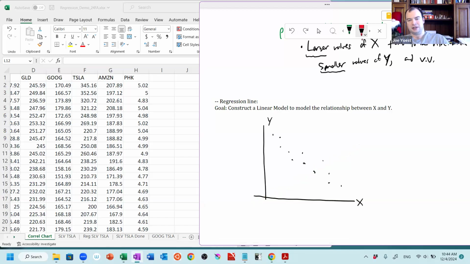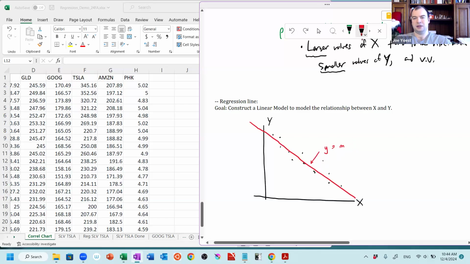But I'm saying I can find a line where most of the data points are close to it, right? And the question is, well, this line is like y equals mx plus b, or really in stats, we would typically say alpha plus beta x.